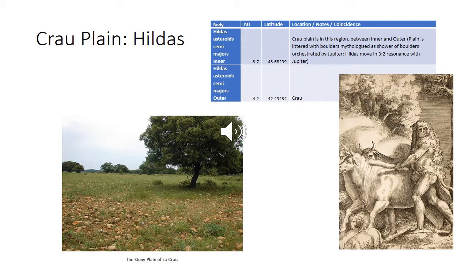So again, we have the stones directed, orchestrated in a large group by Jupiter. So it does seem to fit extraordinarily well. Another lovely coincidence, in other words.